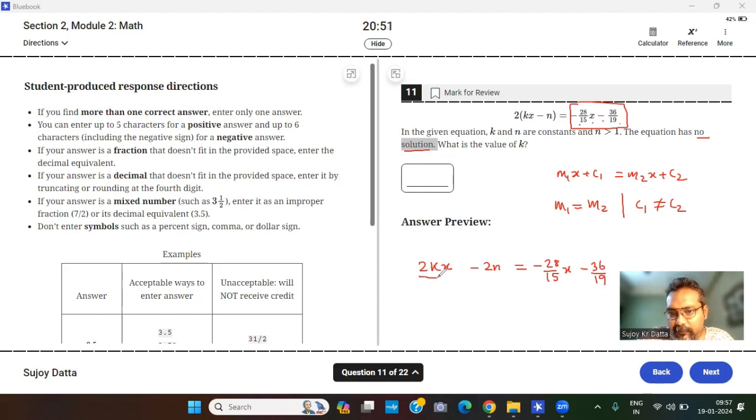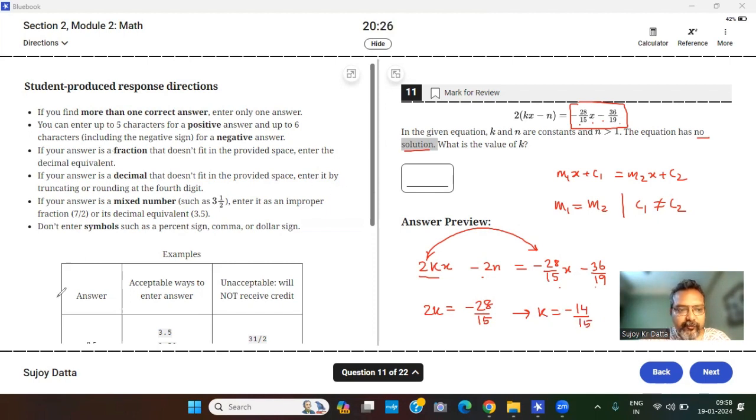Now we have mx plus c on this side and mx plus c on that side. So the m's must match. So that means your 2k must be equal to minus 28 over 15. So your k has to be negative 14 over 15. That is your answer.